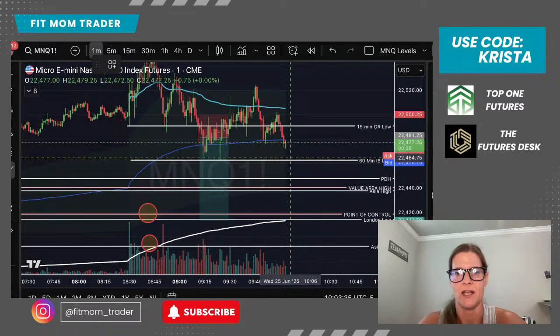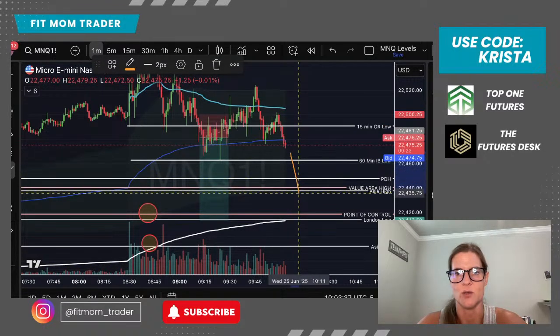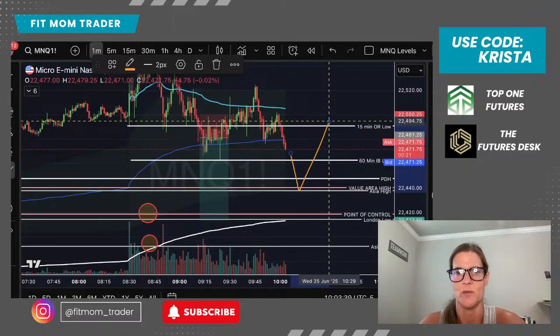What I think I'd like to see is a grab of some of this liquidity and then a bounce up, and we can take a failed auction trade. Let's see if that happens.